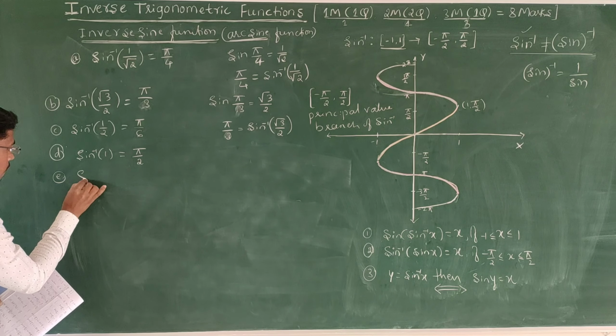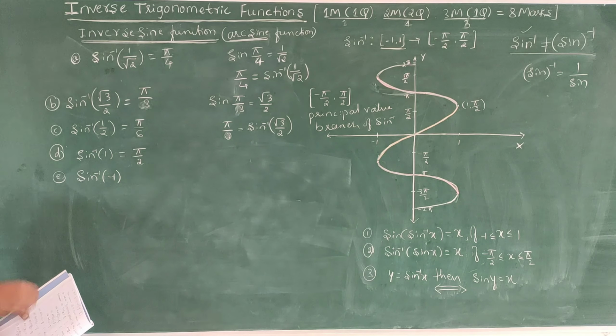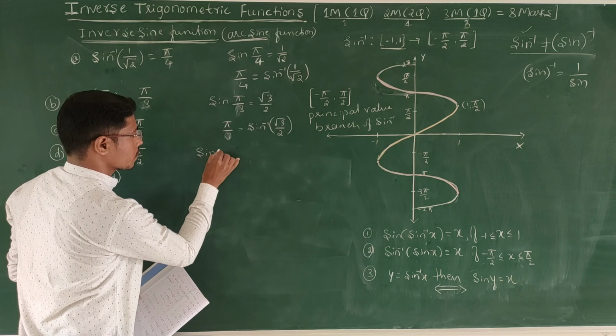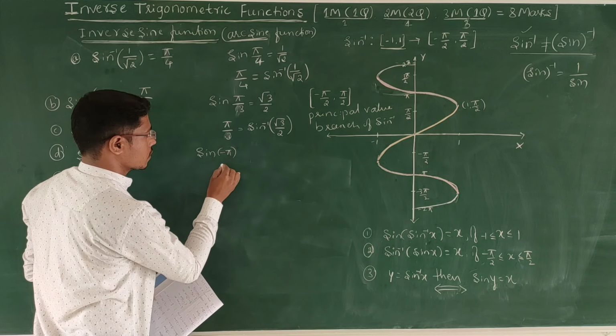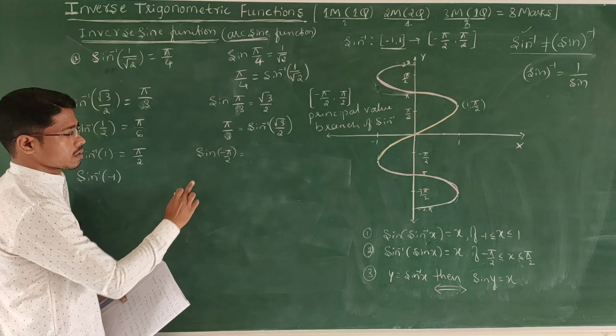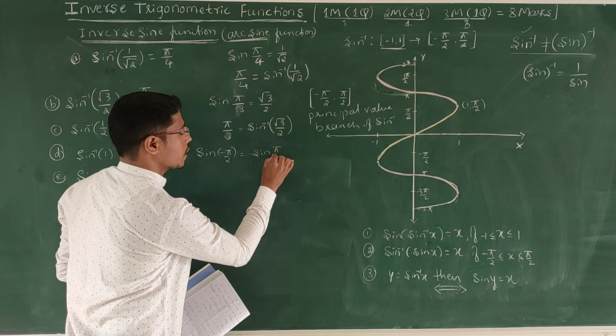Next, E, sine inverse of minus 1. So come now here, sine inverse of minus pi by 2 is equal to, sine of minus theta equal to minus sine theta.